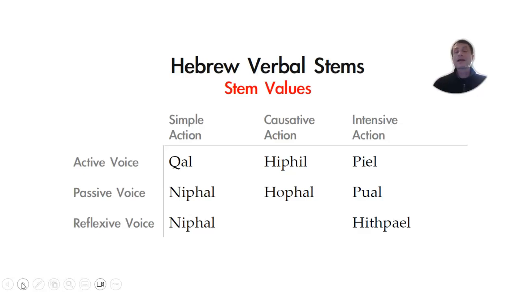This week we're looking at the other active voice conjugation, that is the hifil stem or the causative stem, active voice. Now Hebrew definitely prefers the active voice to the passive, so the vast majority of verbs are going to be either the kal, the piel, or the hifil, far, far more than the hofal, pual, or nifal.